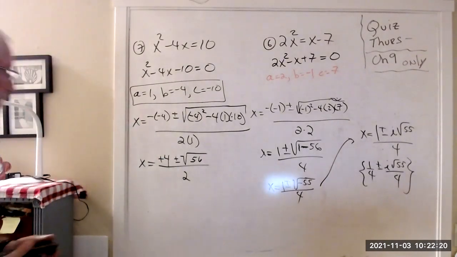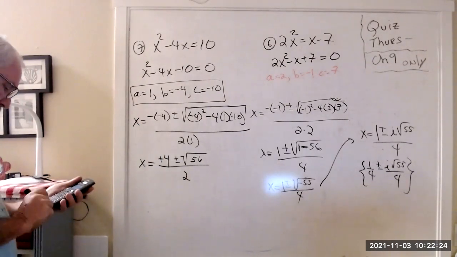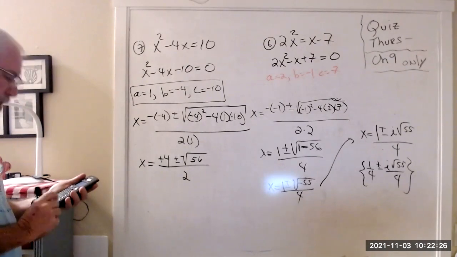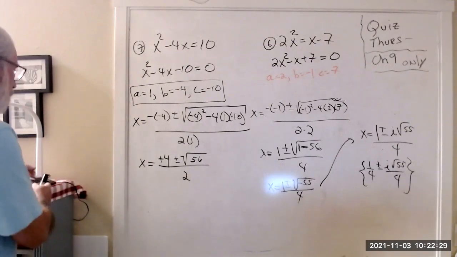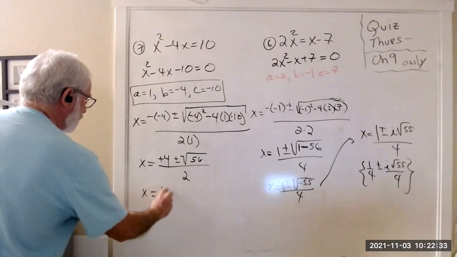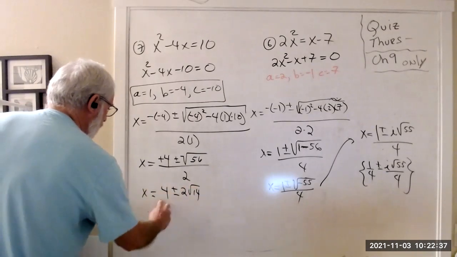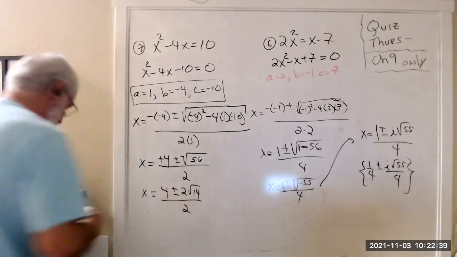I think it does. So yes, it becomes 2 radical 14. So x is 4 plus or minus 2 radical 14, all divided by 2.